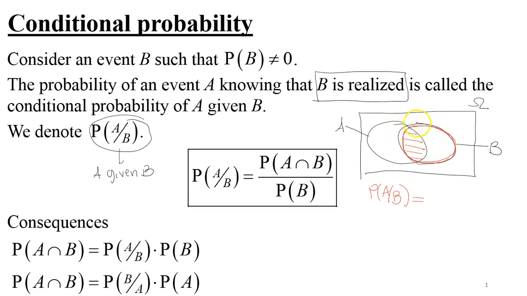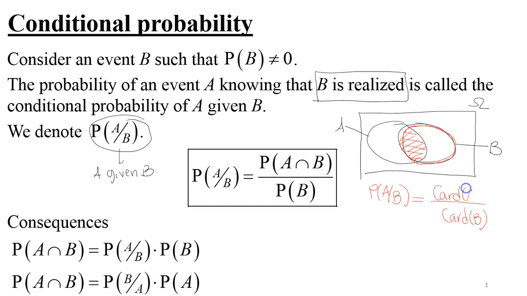Now under a conditional probability, since B has become my total population, we divide by the cardinal of B. And to have A realized, knowing that B is already realized, we have to look for the chance of occurrence of A inside of B, which is the intersection of the two events.